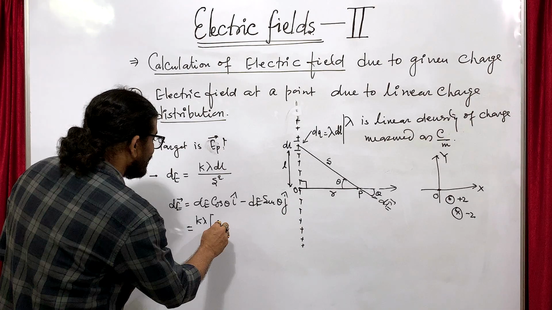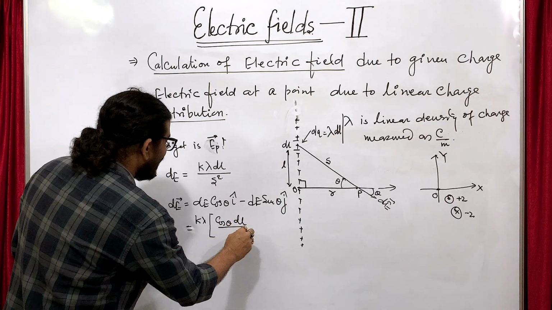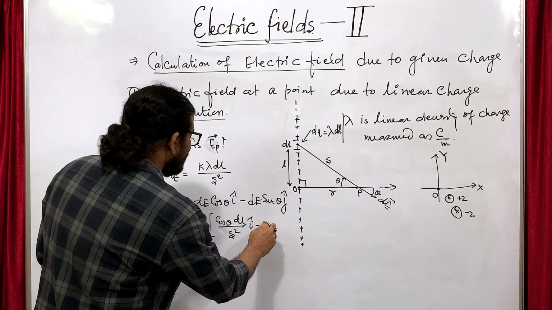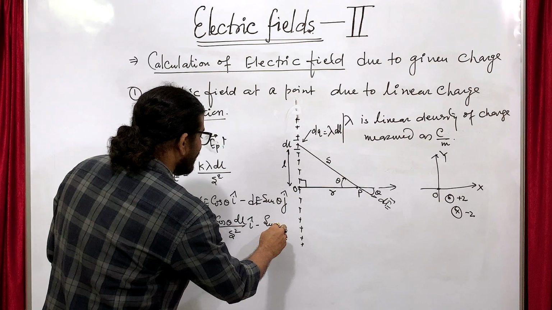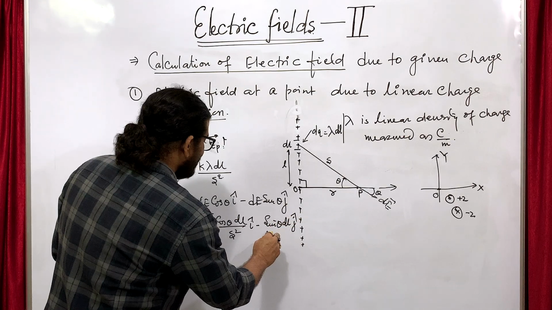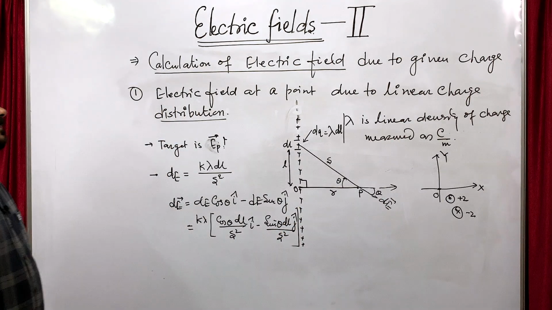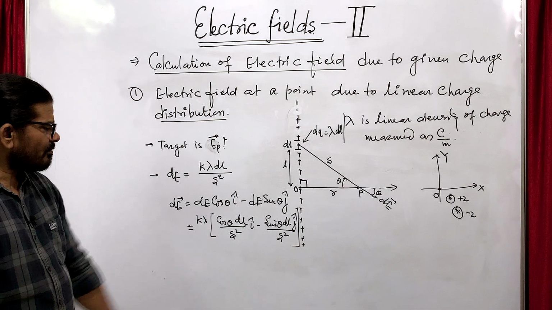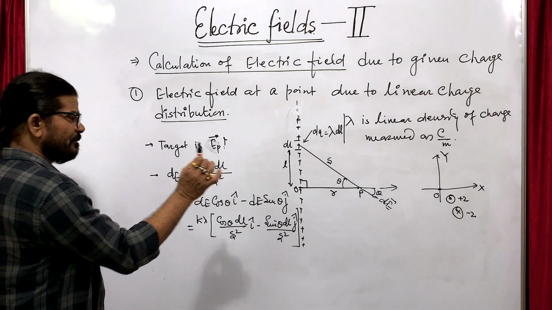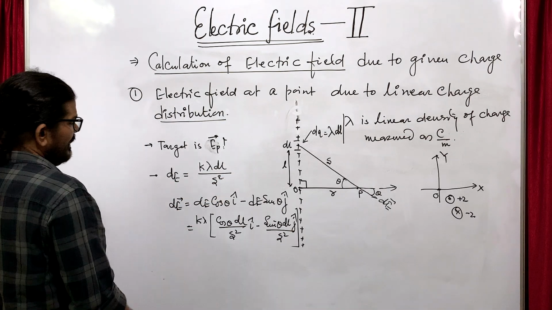Now this is cos theta dl divided by s square i cap minus sin theta dl j cap divided by s square, bracket closed. Yes, this is the electric field at point P due to this element.